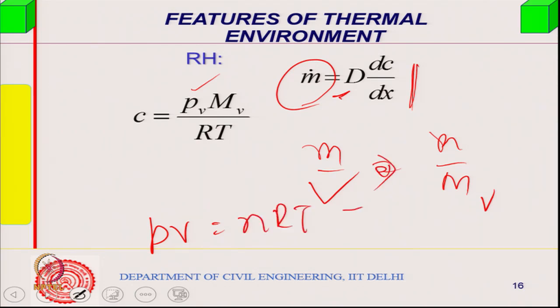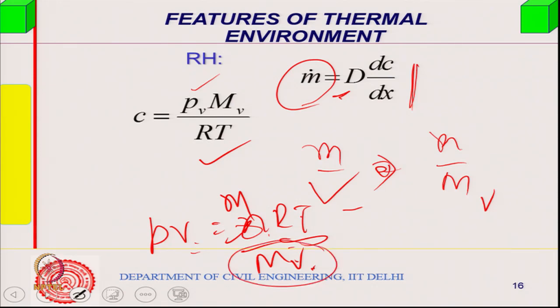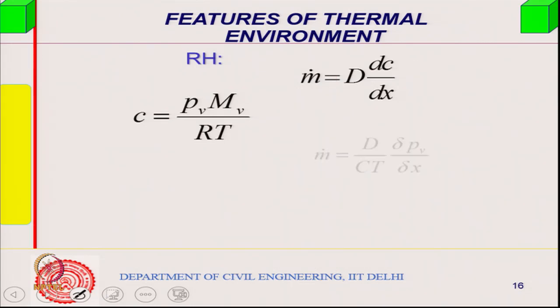I can replace the volume: 1 by V would be P by nRT, so this would be simply m by mv. So P times mv divided by RT, because P equals m RT by mv, where mv is the molecular weight of the vapor. So m by V, the concentration, can be written in this manner.